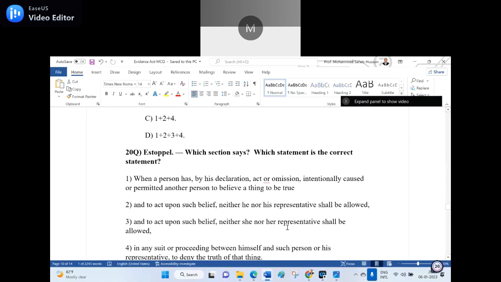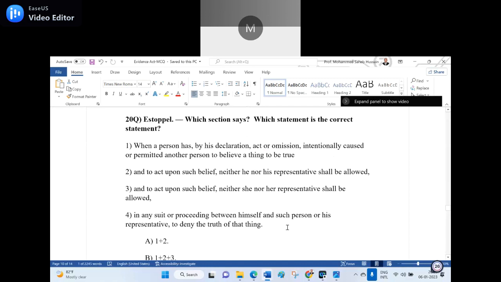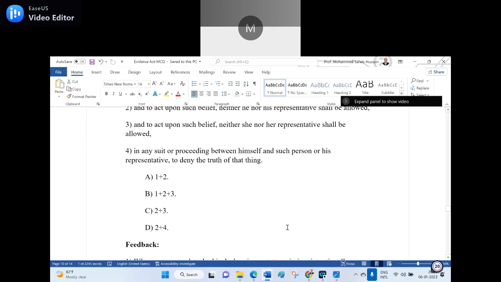When a person has by his declaration, act or omission intentionally caused or permitted another person to believe a thing to be true, 2. and to act upon such belief, neither he nor his representative shall be allowed, 3. and to act upon the belief, neither she nor her representative shall be allowed, 4. in any suit or proceedings between himself and such person or his representative, to deny the truth of that thing. Options: A, 1 plus 2; B, 1 plus 2 plus 3; C, 2 plus 3; D, 2 plus 4.